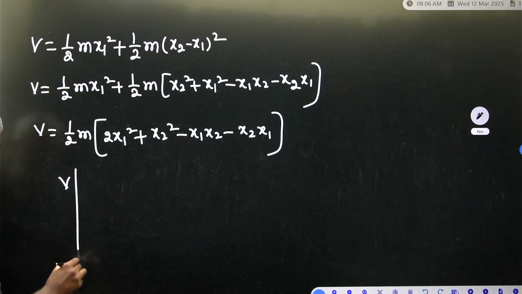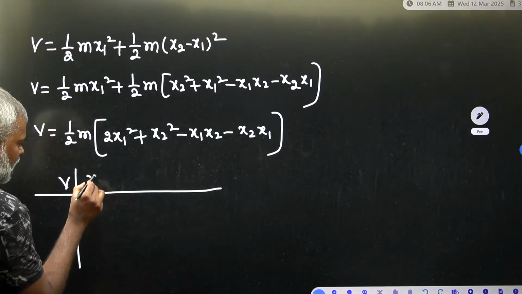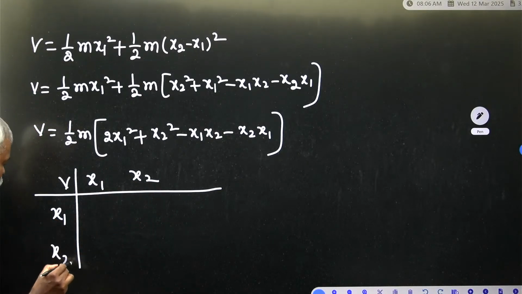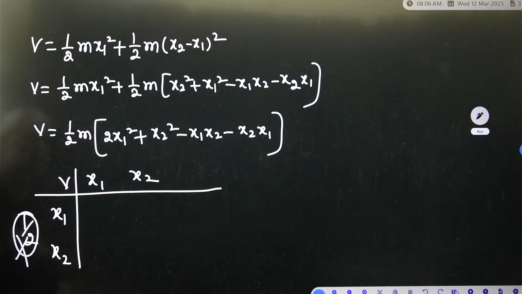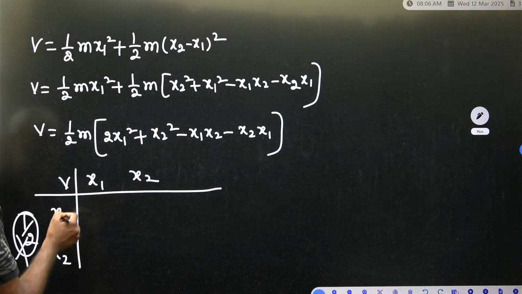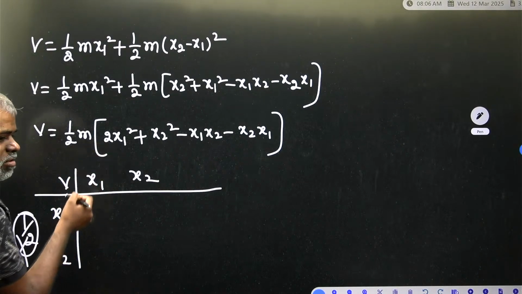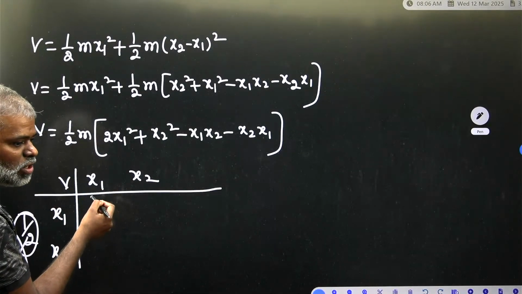How do we write it in matrix form? The variables x1 and x2 are there, and the constant 1 by 2 you take outside. Now x1 into x1, that is x1 square, and how much do you get?